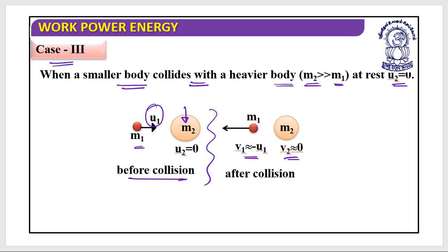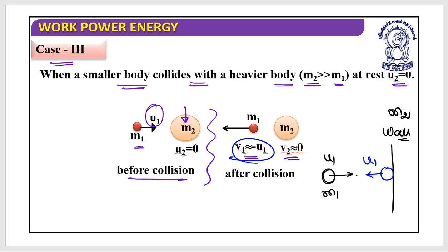This is the same as if this is a wall, the second object, and this is a ball of mass m1 moving in this direction. After collision it moves back with speed u1. It is rebounding with the same speed, only the direction has changed. I hope this is clear.